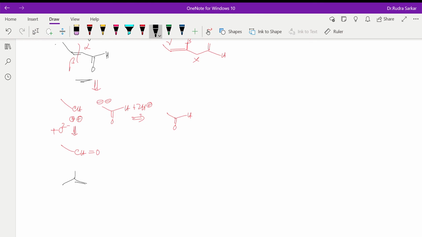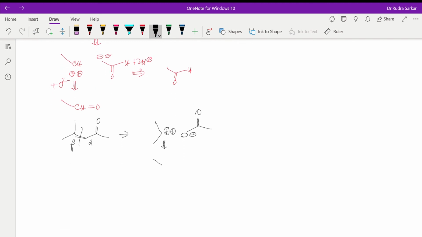Suppose I gave you again alpha beta, you disconnect it, this becomes plus plus, that will be minus minus, that will be this, and this will be again adding H plus, and here you are adding O2 minus. Okay.